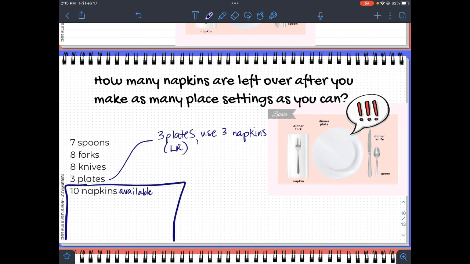I've got 10 napkins available minus 3 napkins used equals 7 napkins remaining. So what did this boil down to? If we know how much of a chemical we have and we know how much we used, then we can figure out how much remains by subtraction.